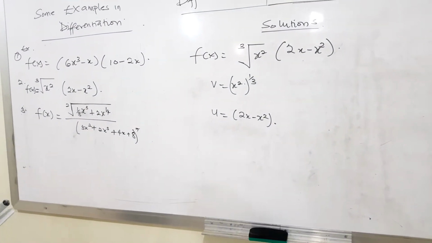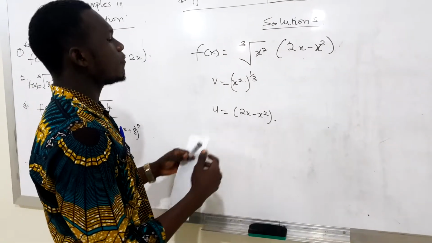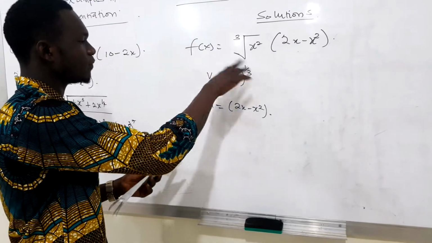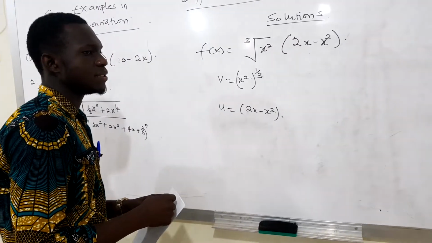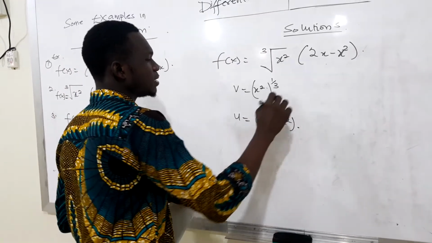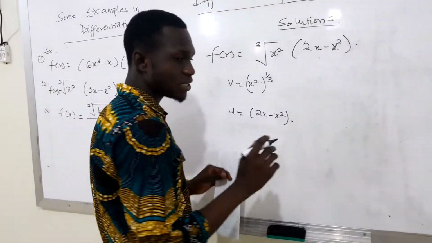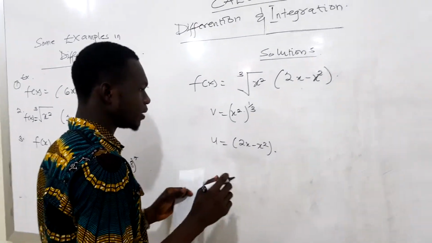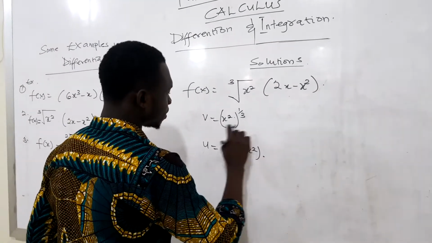So to find the derivative of v, we have to apply the chain rule. Otherwise, it is better to use the chain rule so that you do not find yourself fumbling or in problems.